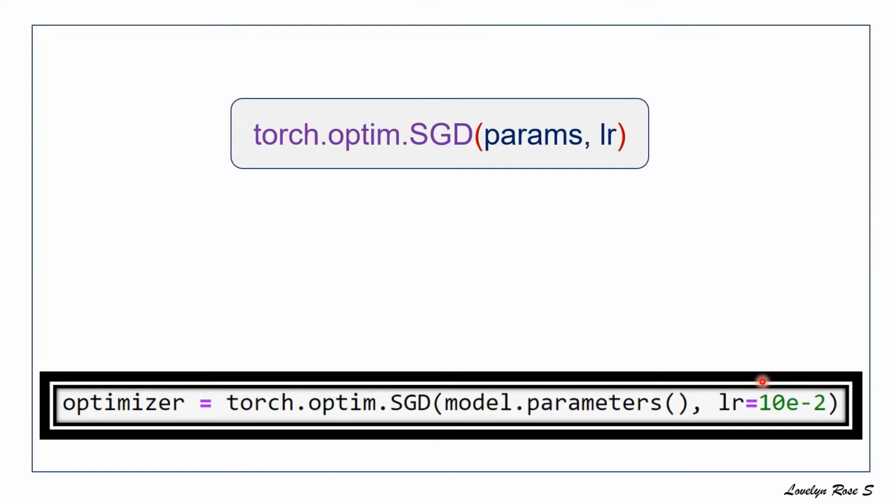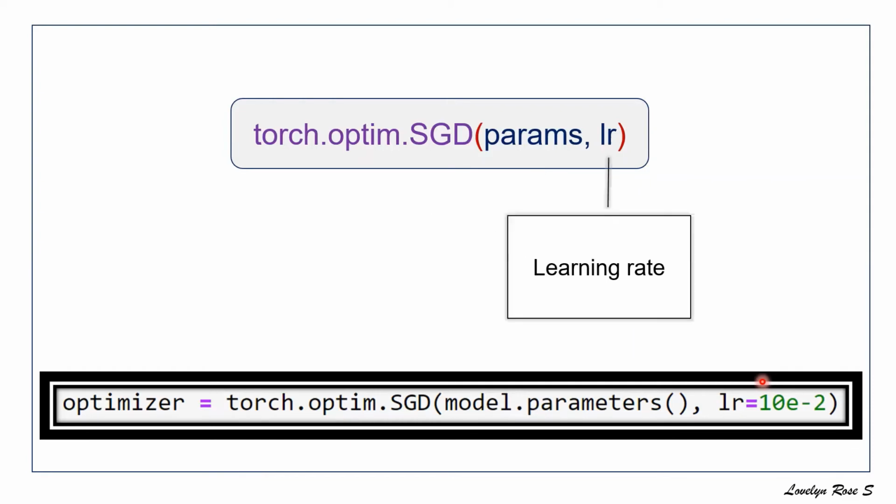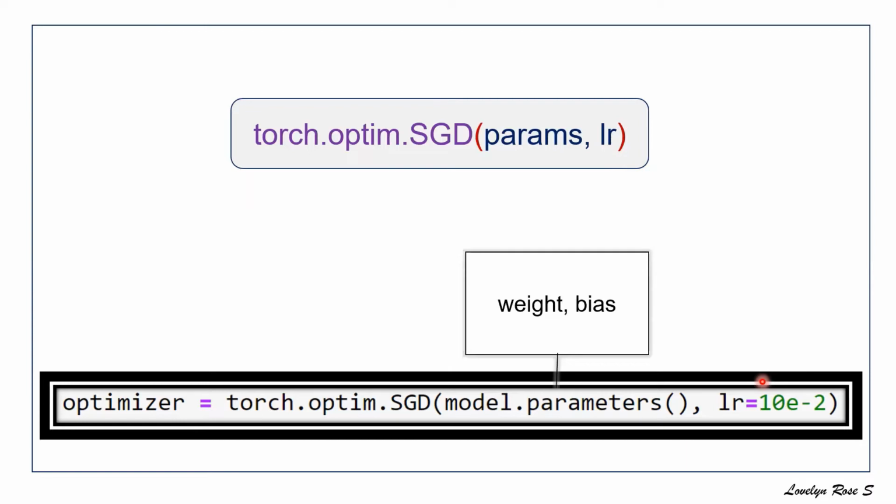You pass two parameters for sure. One is you need to specify what are the parameters you want to update. And the second is what is the learning rate that you expect. As can be seen in the program that I've written, the parameter that I want to update can just be given as model.parameters, where model is the object of simple ANN.